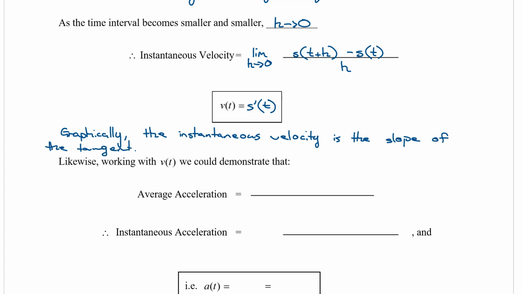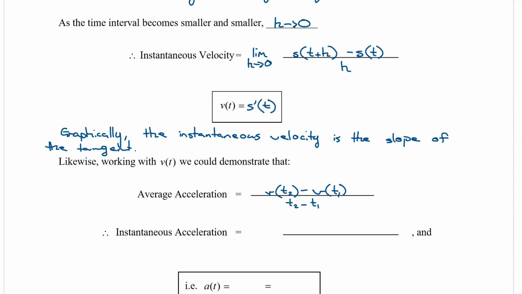Likewise, working with v of t, we could demonstrate that average acceleration is equal to v of t2 minus v of t1, all divided by t2 minus t1.